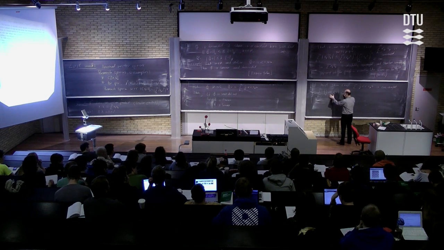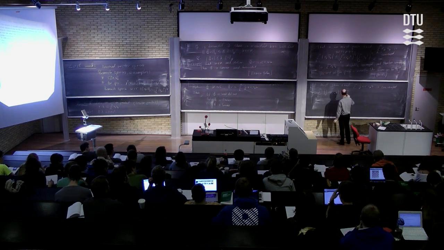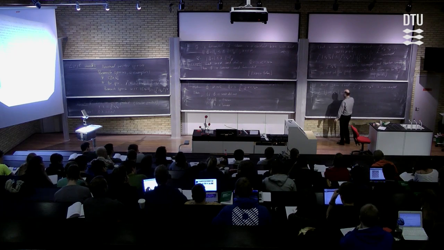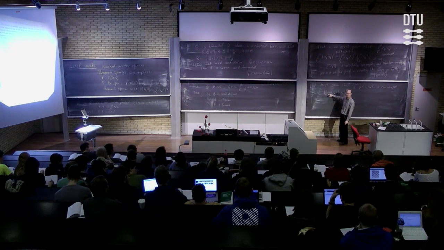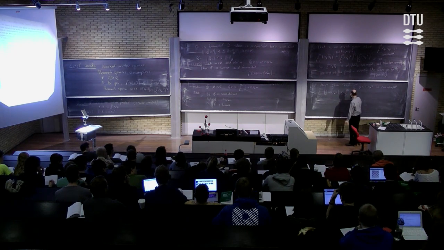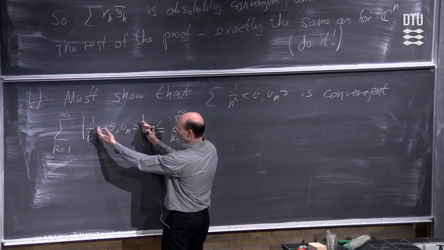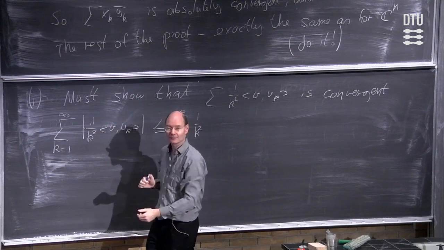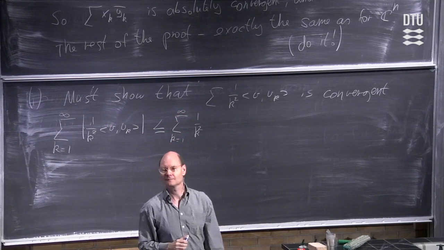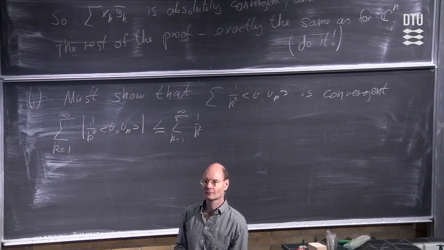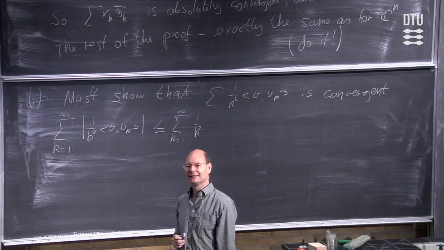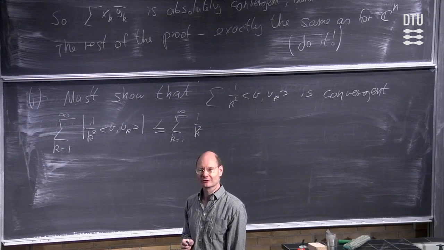So we make an estimate, and then you take the sum, k equal to 1 to infinity. What do you do with 1 divided by k to the power 2? You don't do anything, you keep it. And then you have the inner product, v times vk. Yes, I can say that is less than or equal to 1. Not exactly less than or equal to 1, but you're very close.